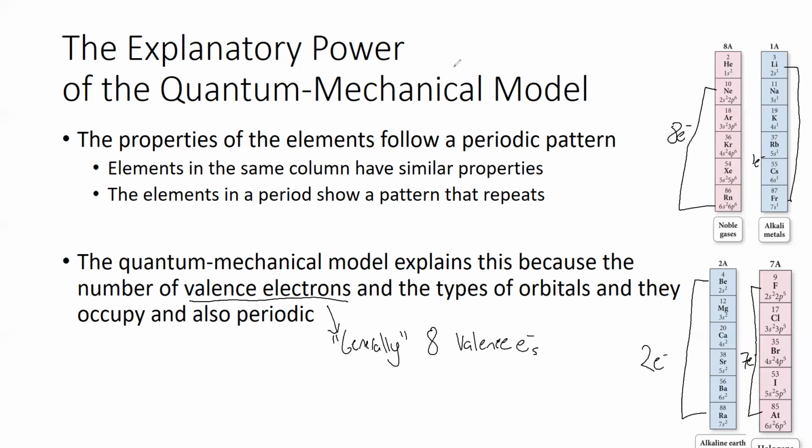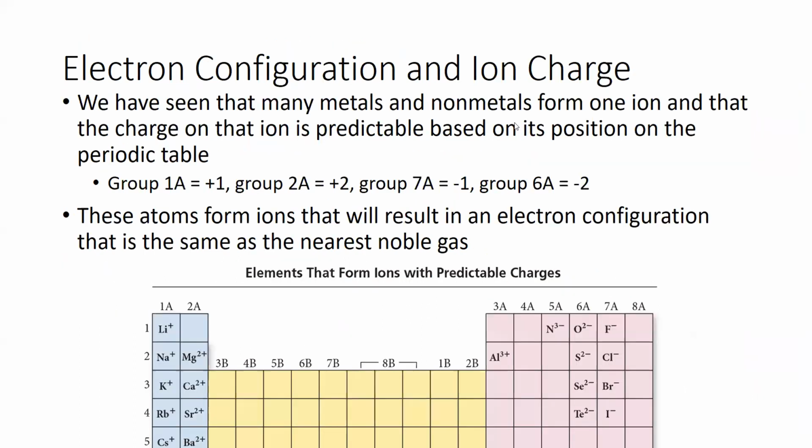I believe that's shown on the next slide here. Our group 1 metals always have 1 valence electron, so the easiest thing for them to do is to lose that electron, and then they'll have a full valence shell.